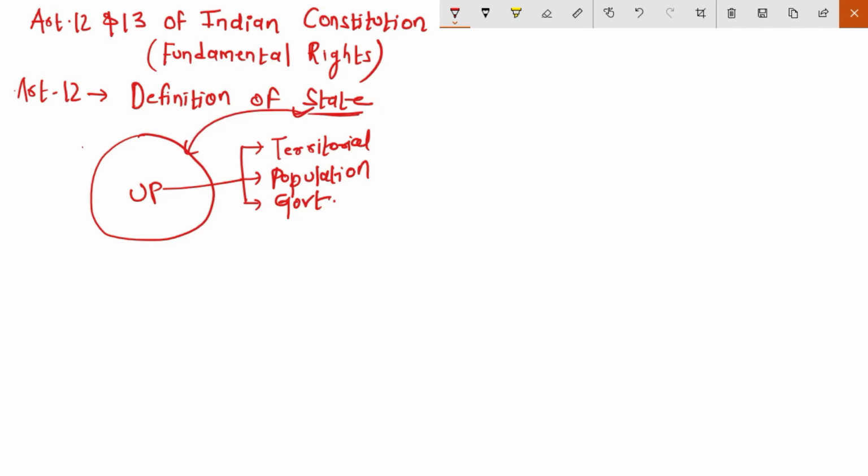According to Article 12, under the definition of state, the following things come. First is the government and parliament of India.